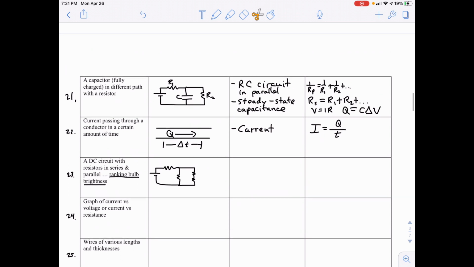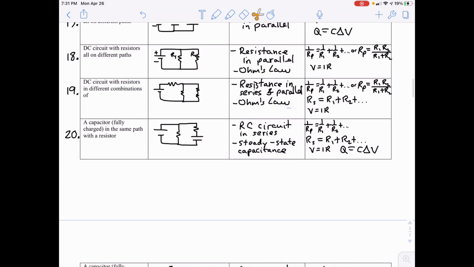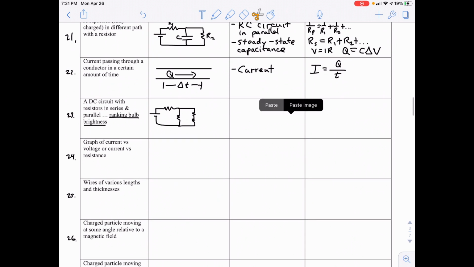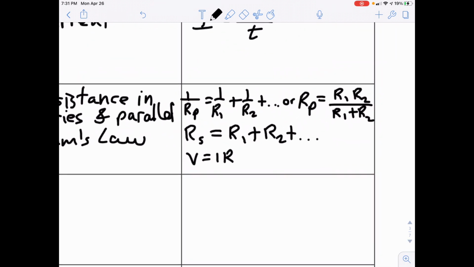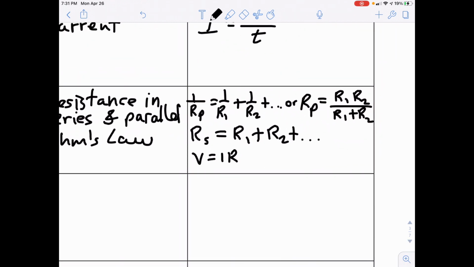Which means if that's the case, then you should expect all these equations to apply. In addition to one more. In order to rank bulb brightness, we need to calculate the power, because electrical power is the indicator for bulb brightness, and power is current times voltage.